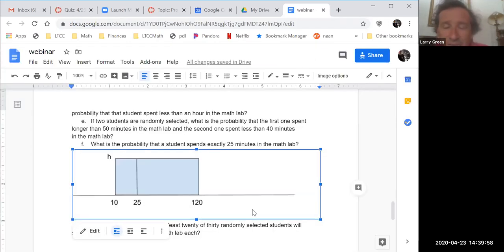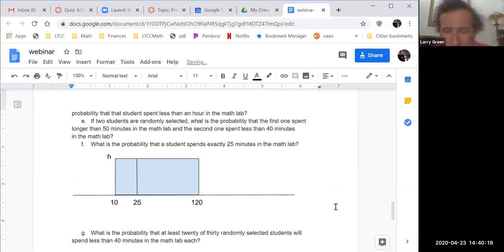What's the area of the region between 25 and 25 of height 1 over 110? Yeah, it's 0, because the width of the rectangle from 25 to 25 is just 0. 25 minus 25 is 0. So the probability of exactly 25 is 0.